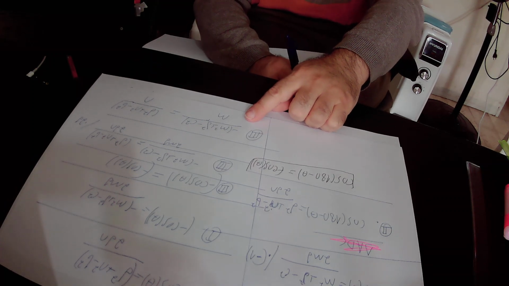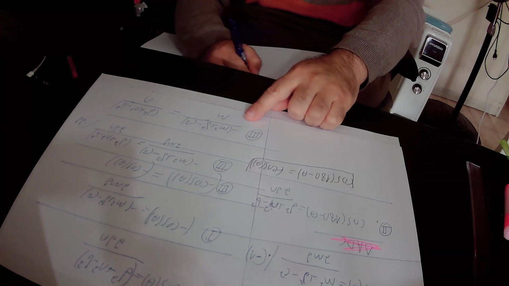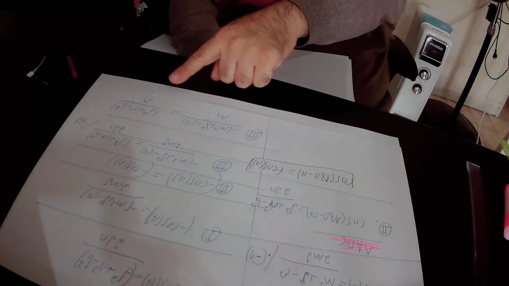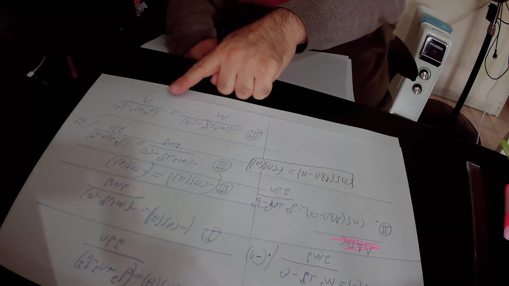Inside the brackets we have m square plus d square minus c square equals m times, inside the brackets we have d square plus n square minus b square.